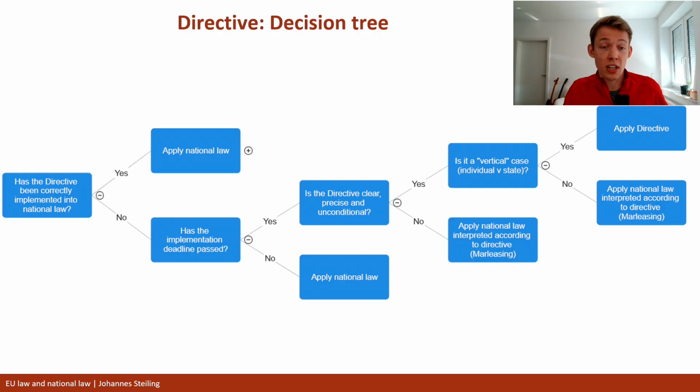That if we don't have direct effect, we don't disapply national law, right? But remember that even if we don't disapply national law, we still have the obligation out of primacy to interpret the national law according to the EU law, right?